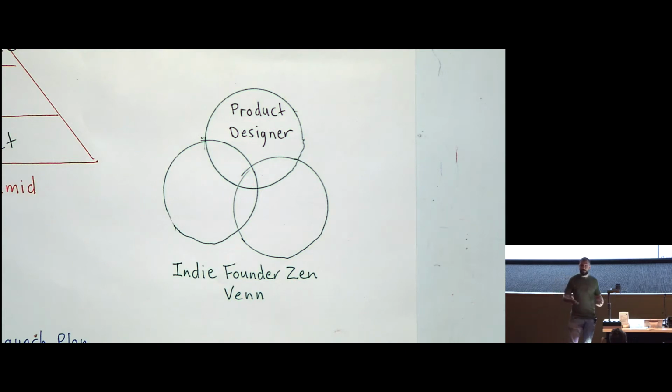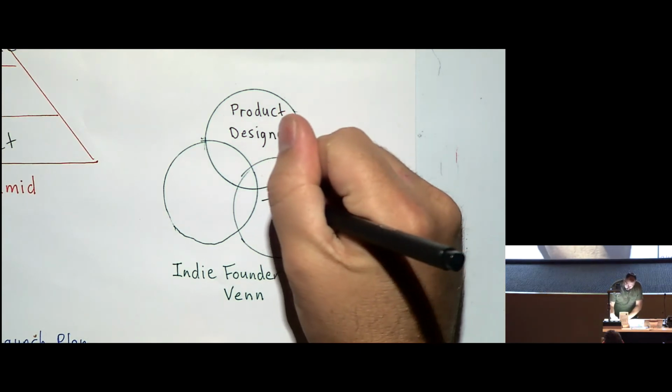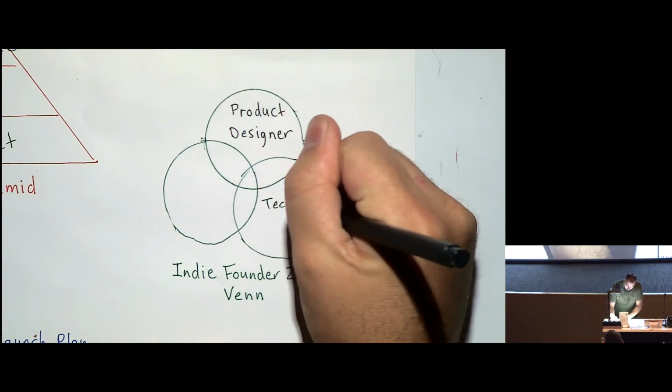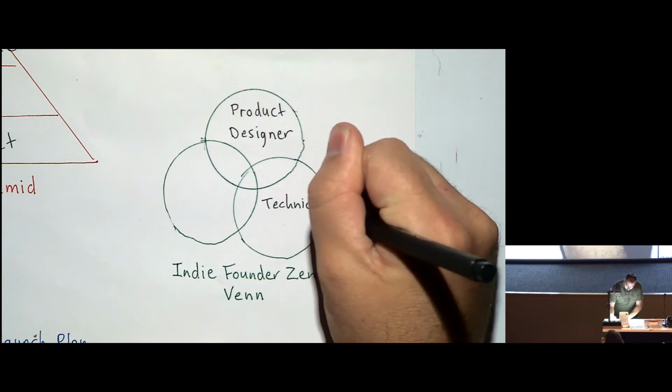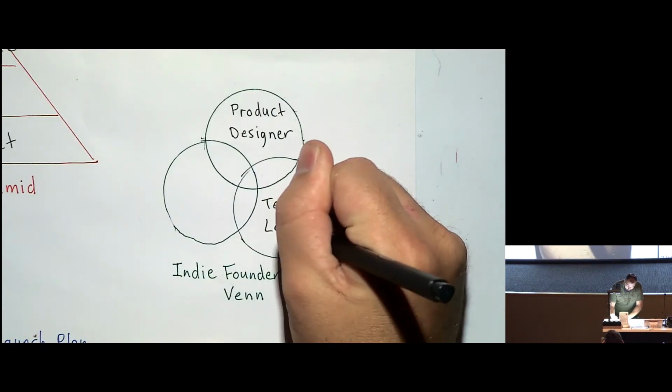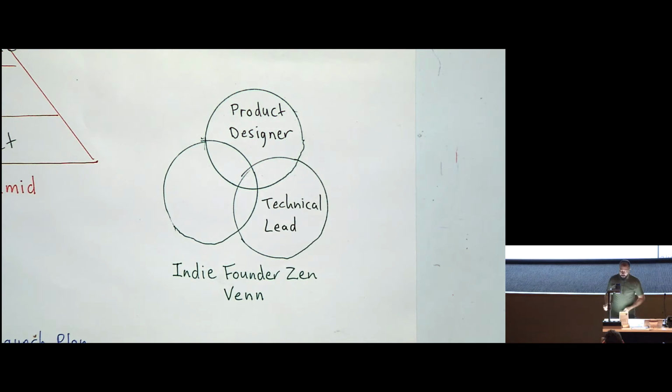Pretty important, wouldn't you agree? To have someone who understands your customer and your industry. All right, understands what the product is fundamentally, what it ought to do, understands the vision for the product, all of that sort of thing. Then, of course, you need a technical lead, an engineer, a programmer, someone who can actually build the thing, and you can't do it without that technical person, right?